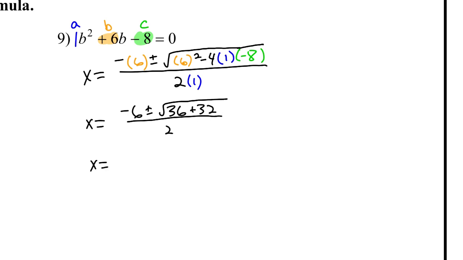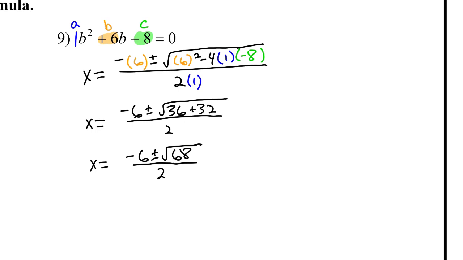So we have x is equal to negative 6 plus or minus the square root of 68, all over 2. That is not super handy. So I could, let's see. Yeah, this could be simplified. This square root 68 could be written in a different form with some numbers outside of the square root.